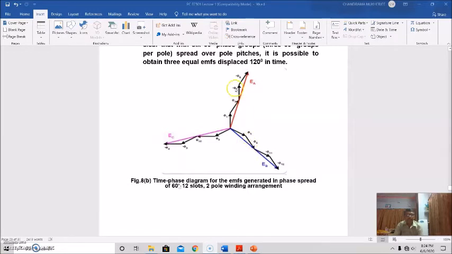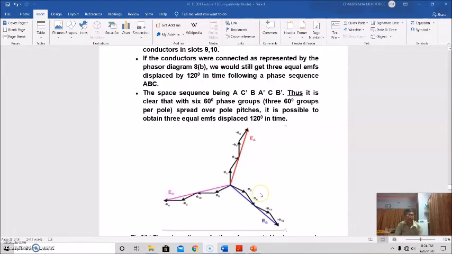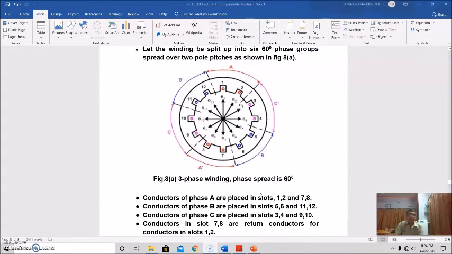This is the time phase diagram for the EMFs generated in space spread of 60 degrees, 12 slots, 2 pole winding arrangement. And you see here, this is the generated EMF for conductor 1, this is for 2, this is for 3, this is for 4, 5, this is 6, this is for 7, this is for conductor 8, this is for conductor 9, this is for conductor 10, this is for conductor 11, this is for 12.